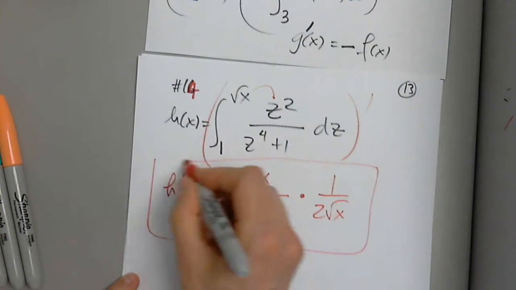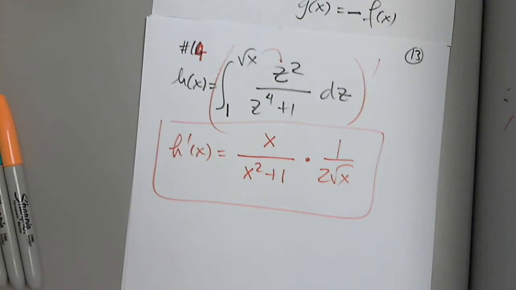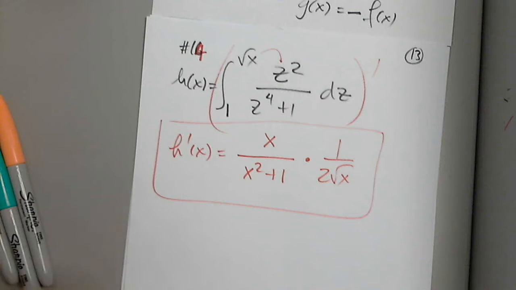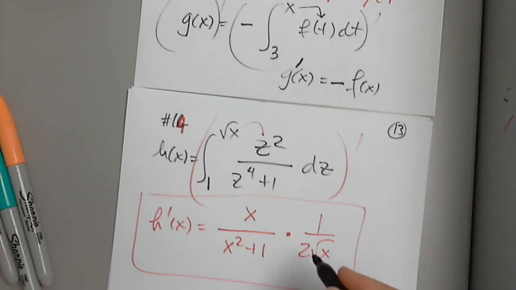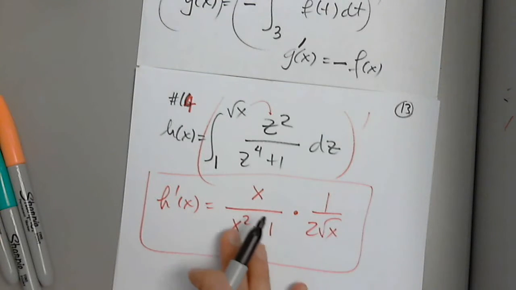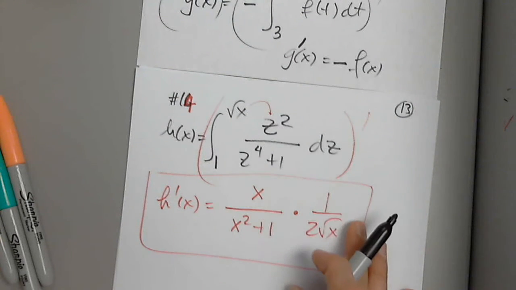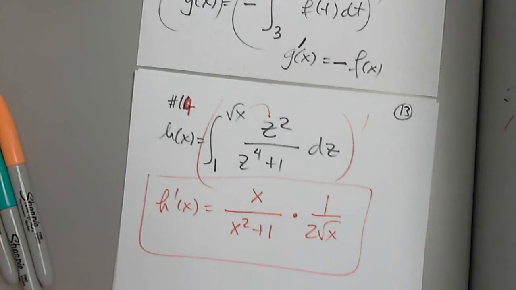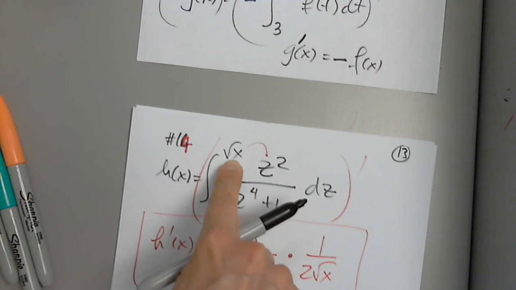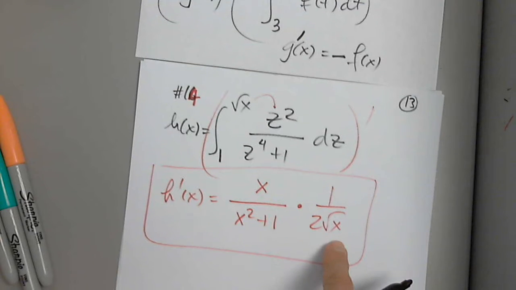And this is done. This one is z because when I differentiate the square root of x, I get 1 over, there is no more z here. All the z's are gone because we differentiated. When I differentiate the square root of x, I get 1 over 2 square root of x.